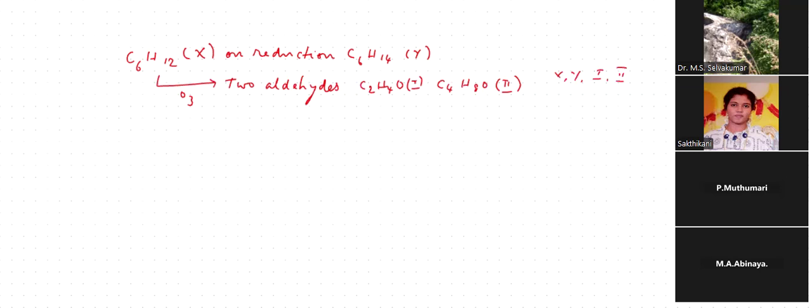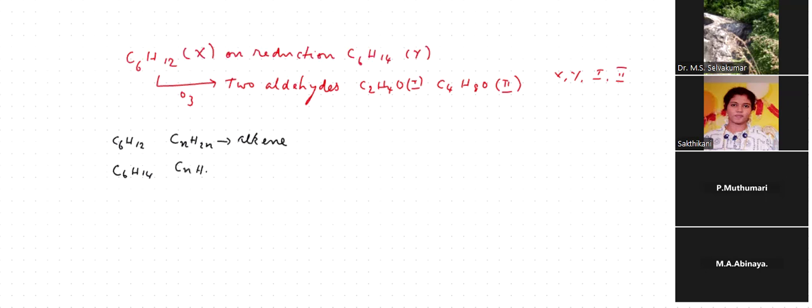First of all, what is X? C6H12 means its molecular formula is CnH2n. So that shows it is an alkene. The first idea we are getting from the question is that X is an alkene. Now on reduction it becomes C6H14, which means it is CnH2n plus 2.